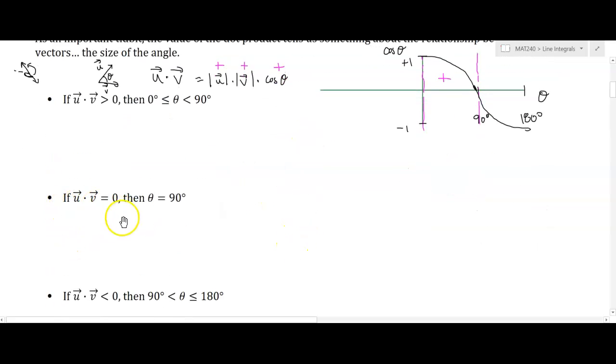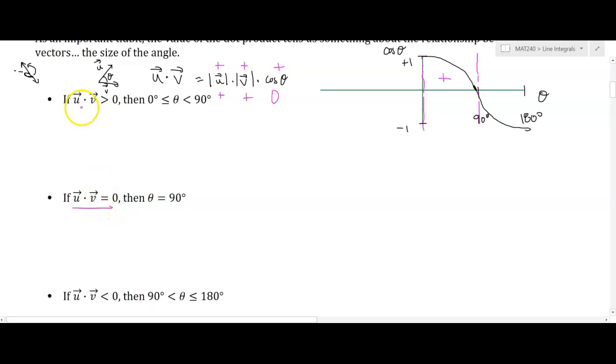However, if we look at the dot product when theta is 90 degrees, then provided that u and v are not zero vectors, the magnitude of u times the magnitude of v will produce a positive number. But now, because theta is 90 degrees, cosine of 90 degrees is 0, and so we have a positive times 0, and therefore the dot product will be 0.